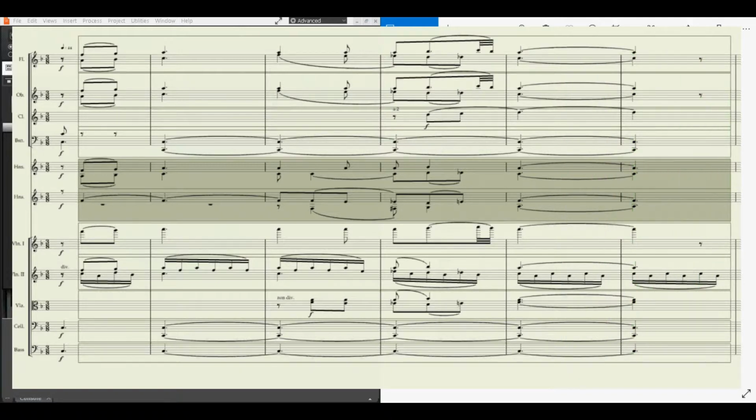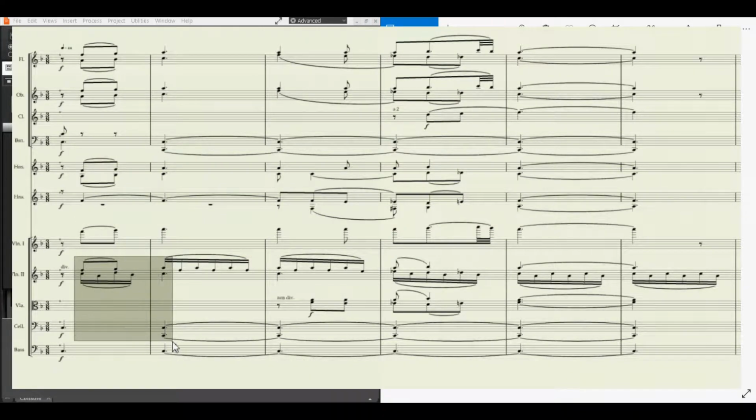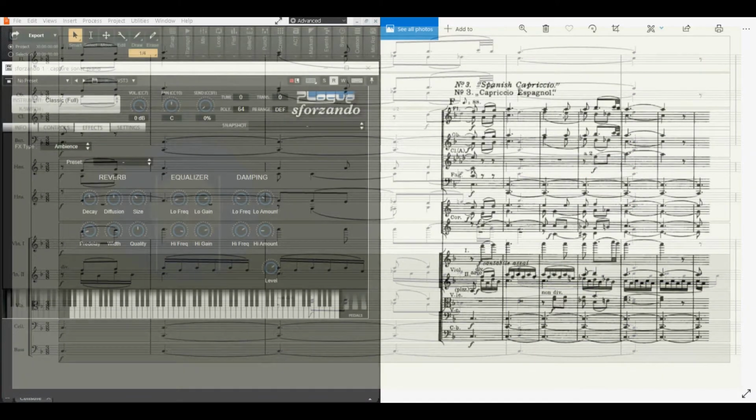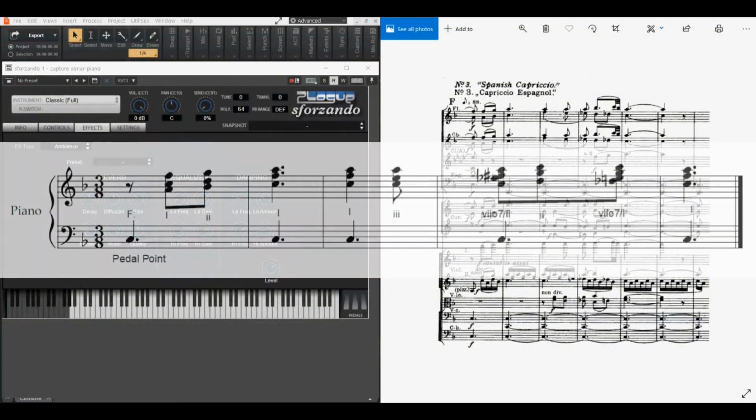Now we'll isolate the strings besides the main melody violins. There's one reason I chose this, the interesting thing that happens there.